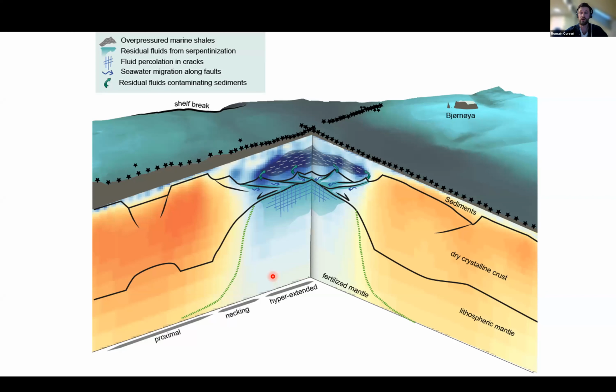What we defend here is that our electrical resistivity model and gravity and seismic data can be reconciled in this present day rift system, and fit with geological samples from fossil systems in the Alps or in the Pyrenees, and point to this saline fluid circulation.